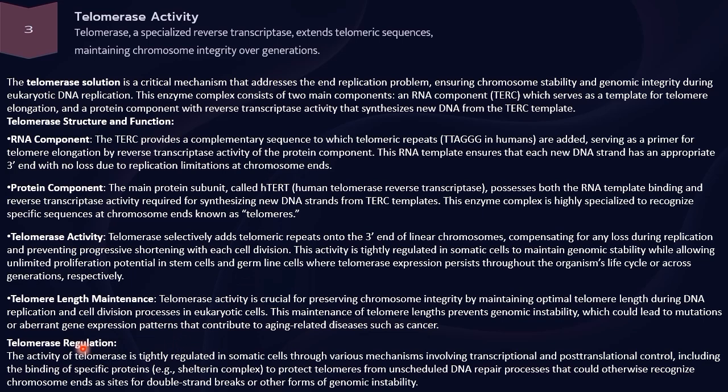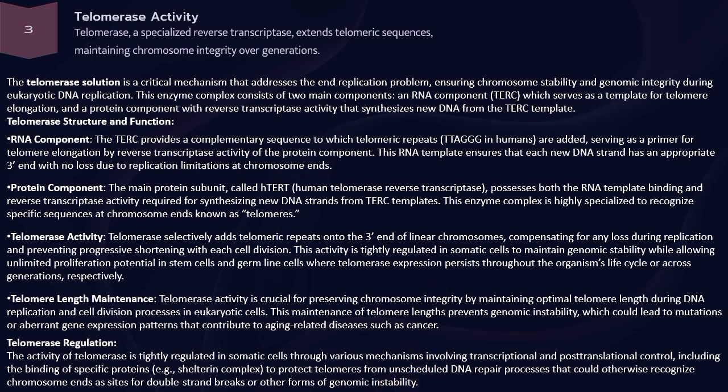Telomerase is tightly regulated in somatic cells, as I said, through various mechanisms involving transcriptional and post-translational processes, including the binding of specific proteins, that is the shelterin complex, to protect telomeres from unscheduled DNA repair processes that could otherwise recognize the chromosome ends as sites for double-strand breaks or other forms of genomic instability. And the protein which is responsible for that is RAP1.